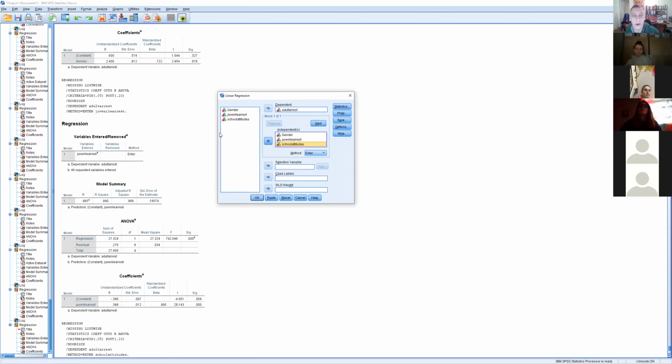Okay, so now we have a regression model, a multiple linear regression model, with adult arrest as the dependent variable, and gender, juvenile arrest, and school attitudes all as simultaneous predictors of adult arrest. Now we know gender, juvenile arrest, and school attitudes are all correlated with one another.